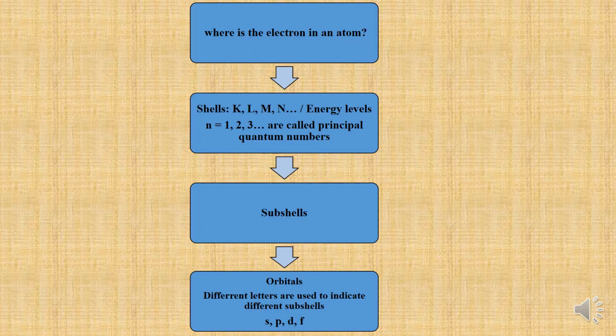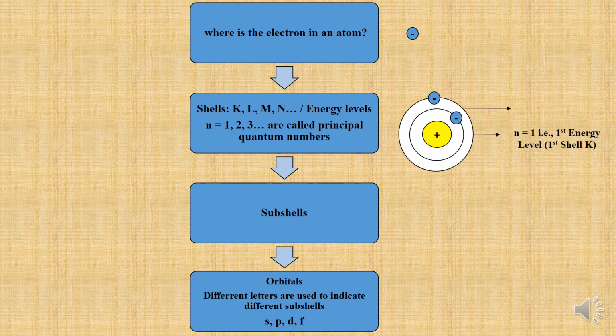Now, where is the electron in an atom, or where do you find the electron in an atom? You find the electron in the shells designated with uppercase letters K, L, M, N, or energy levels mentioned by numbers 1, 2, 3, and these are also called principal quantum numbers.